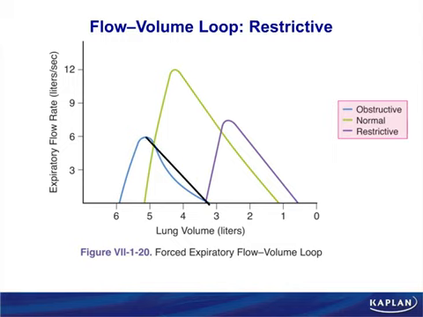Number one, notice that the blue, if I were to draw a straight line, steady decline like I see in green and purple, you can see the scalloping on the blue line, the effort-independent part, very characteristic of an obstructive patient. Other characteristics, we always start this test at total lung capacity. So this point on the graph for the three different graphs represents total lung capacity. You can see that total lung capacity goes up in obstructive, goes down in restrictive.